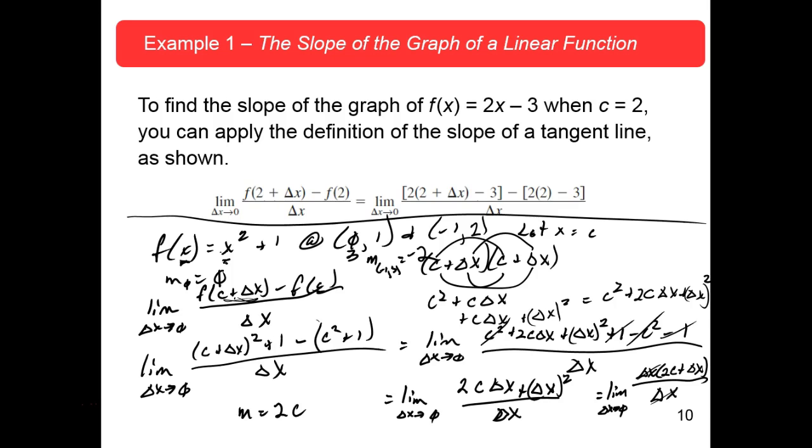Vertical displacement of 1. Good old standard parabola there. At 0, 0, your slope sure enough is 0. And at 0, 1, the slope is 0. At negative 1, 2, the slope seems to be downhill, pretty sharp. That's a negative 2 slope, and it is. I can't hold it up any longer. So sure enough, that seems correct.